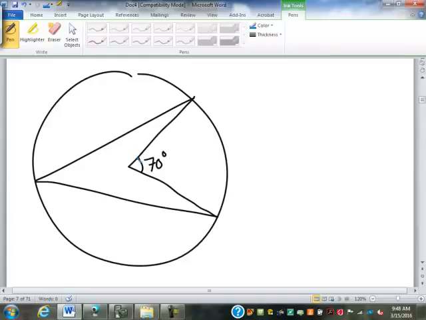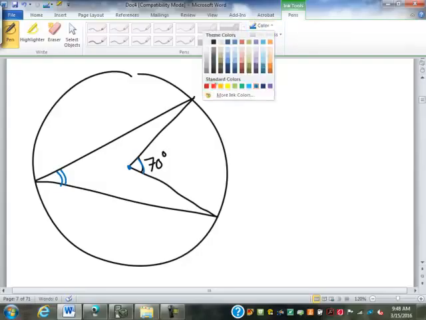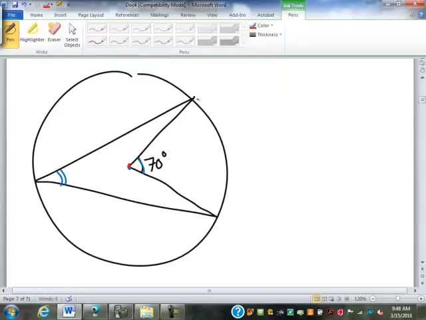Given this angle here is 70 degrees. What's this angle right here? This is the center of the circle, by the way. Well, if that's a 70-degree angle, what's our arc out here? 70-degree arc. This then is an inscribed angle off a 70-degree arc. An inscribed angle is always half the arc. Very good.